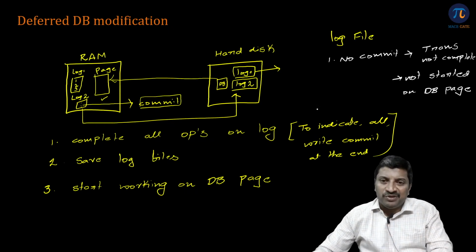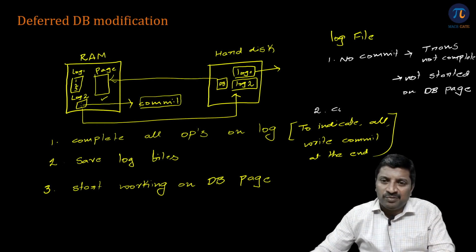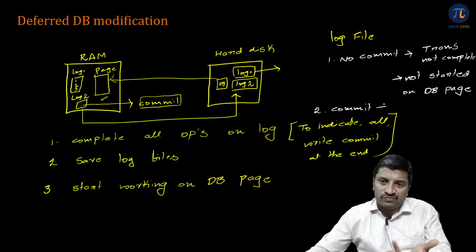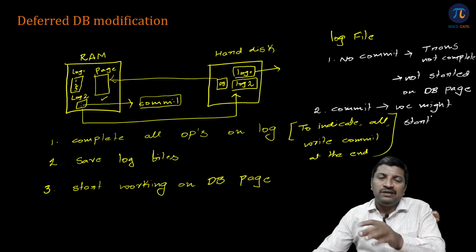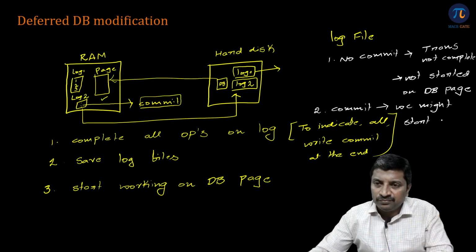Suppose there is a commit in some log file. What does it mean? We might start the original database, because in deferred we delay the modification on the original.